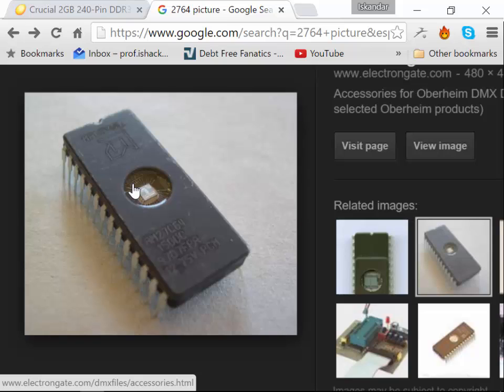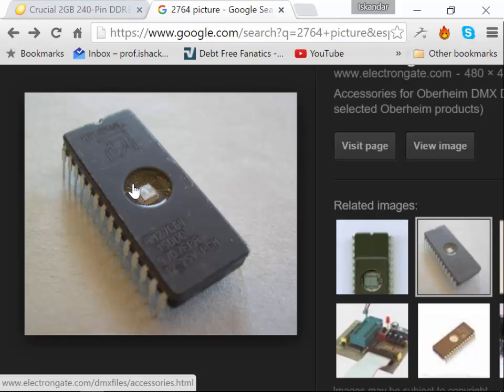And by the way, these EPROMs were very, very expensive because you couldn't make them out of plastic. They had to be made out of ceramic because of the window. Most ICs are made out of plastic, which is very, very cheap for the packaging. But here, the cost of having the ceramic packaging and putting this glass window on there really made these devices very expensive.